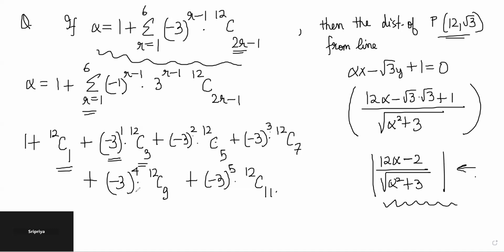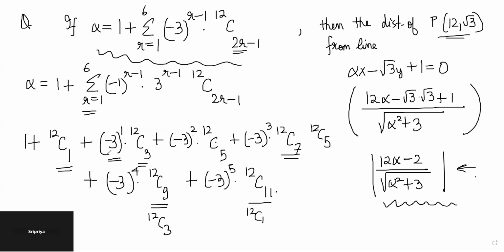First of all, I can easily see that 12c9 is same as 12c3, and this is same as 12c1, and this is same as 12c5.